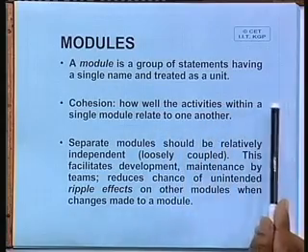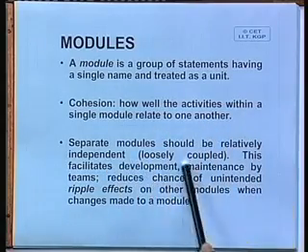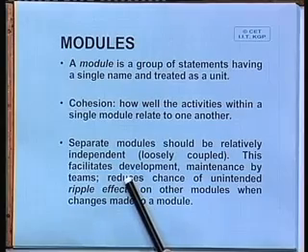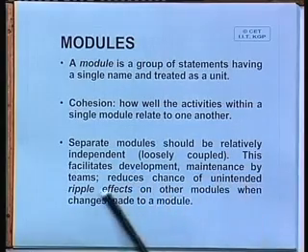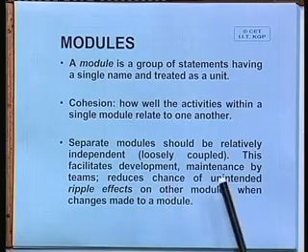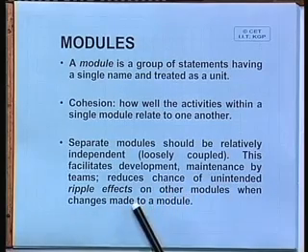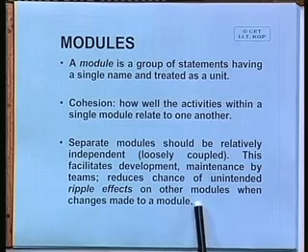Similarly, the separate modules should be relatively independent, that is, they should be loosely coupled, and this facilitates development and maintenance by teams, and reduces chances of unintended ripple effects on other modules when changes are made to a module.